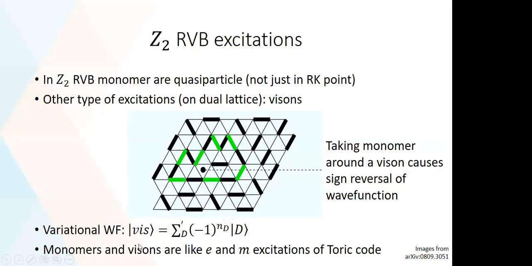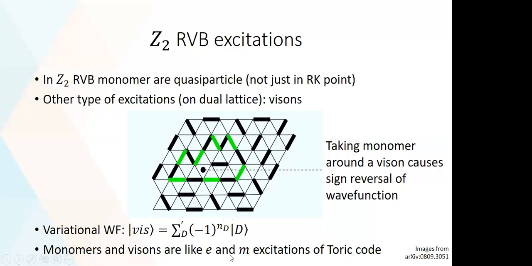And just to relate back to the loop picture, we saw that the monomers correspond to open strings in the transition graph. So it's very similar to the toric code, to the E excitation.